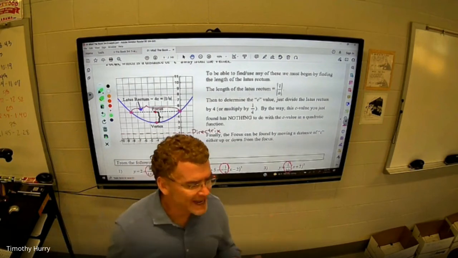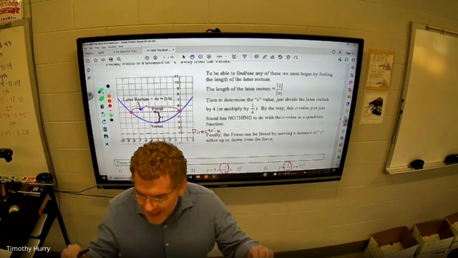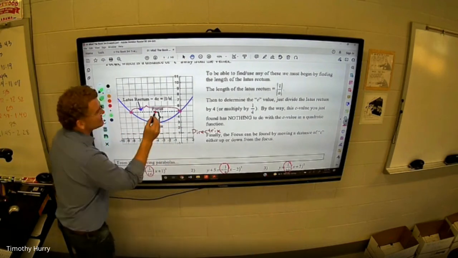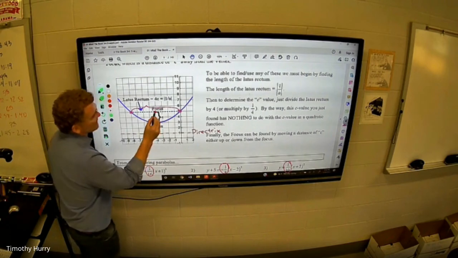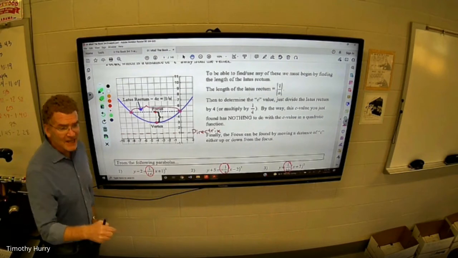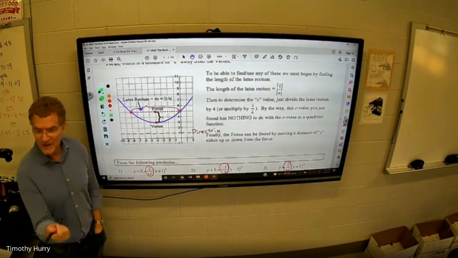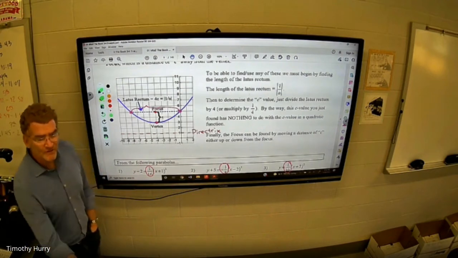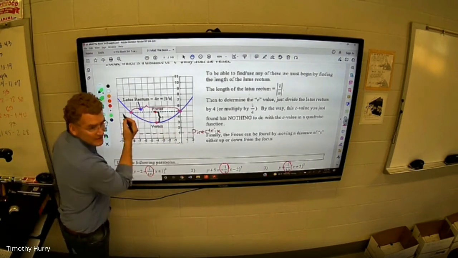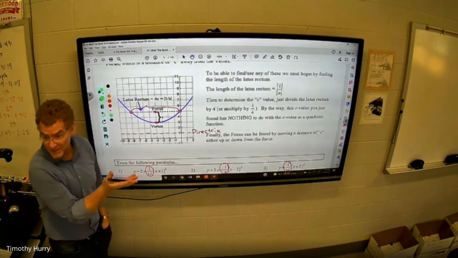Now the question now is, where do I make that length? Well, it just so happens that the distance from the focus to the vertex is something that we call C. C is always 1/4 of your lattice rectum. So if I can find the lattice rectum, which in this case would have been 8, right? So I guess my A value would have been 1/8.